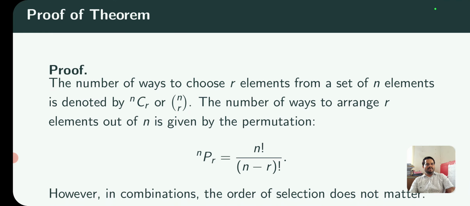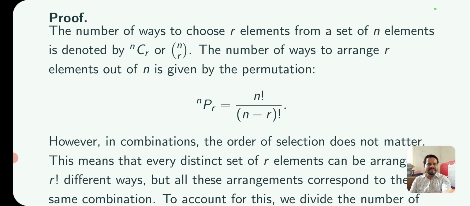However, in a combination the order of selection does not matter, and that's why every distinct set of r elements can be arranged in how many ways? r factorial ways. But all these arrangements correspond to the same combination.